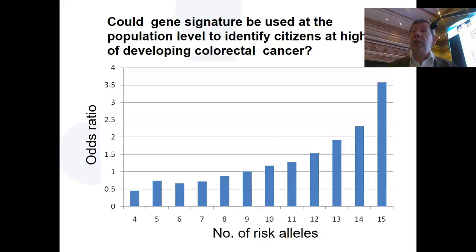What it means, though, is that we now have a signature that we can apply to normal citizens, normal people, that tells us if they have a 3 to 5-fold increased lifetime risk of developing colorectal cancer. In the UK, the lifetime risk is 1 in 50. Patients who've got these abnormal genes, their lifetime risk is 1 in 10. Now that makes a difference.